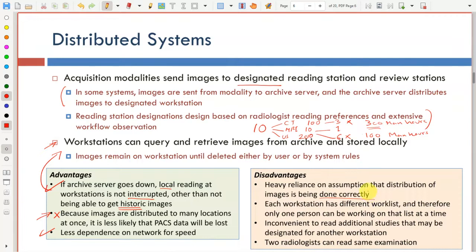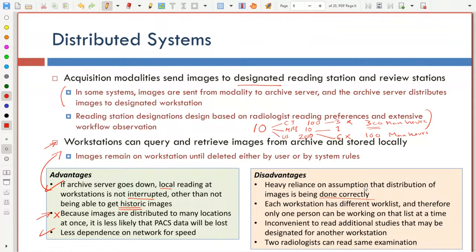For a particular modality, you can pull the data from the original acquisition modality, for example the MRI system. It's not going to tell you that somebody else is reading that. If you retrieve a certain case, it's going to give it to you and that's it. There is no central server on the modality itself.